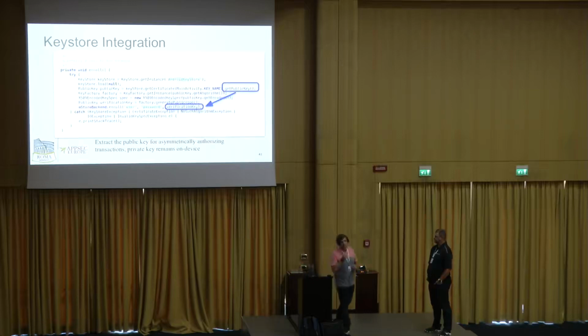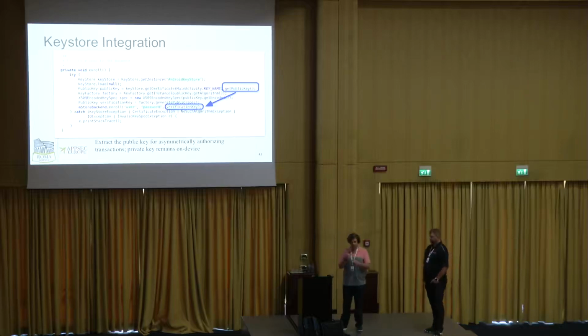So this is a pattern you'll see where you generate a pair of keys and ship off the public key to a server somewhere. That private key, just like the fingerprint, should never leave that environment, right? So the public key is the only thing that goes.